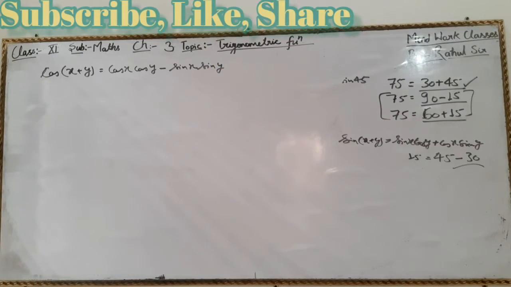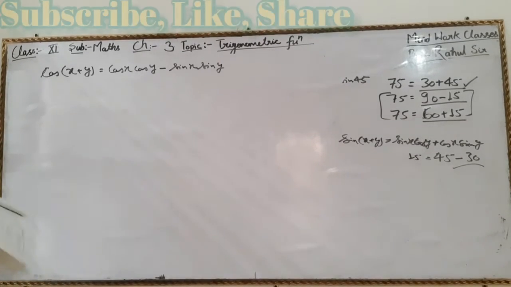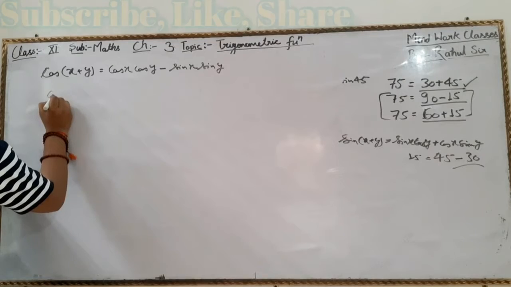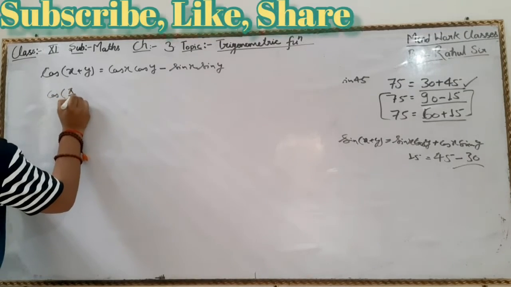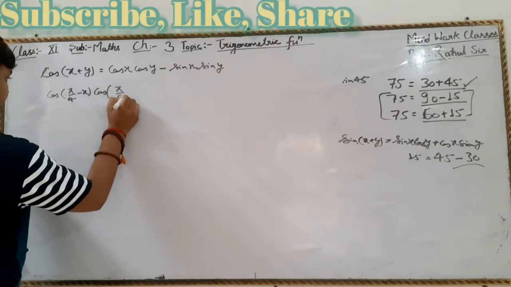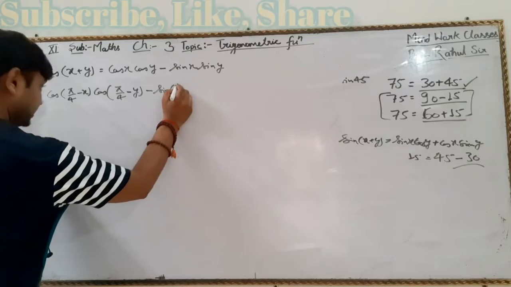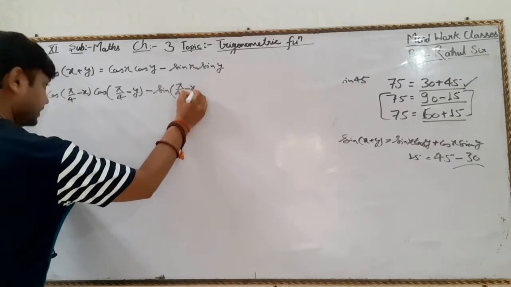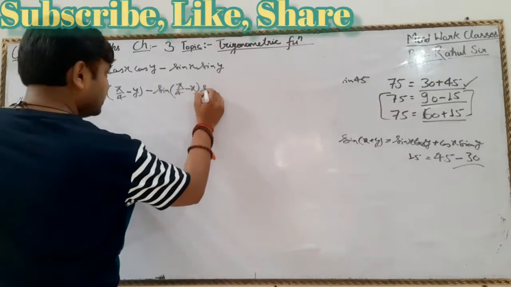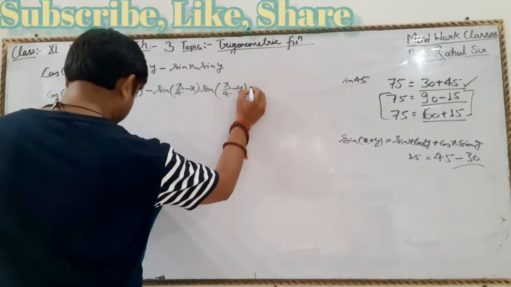And let's write the question which is given here: cos (pi by 4 minus x) cos (pi by 4 minus y) minus sin (pi by 4 minus x) sin (pi by 4 minus y).